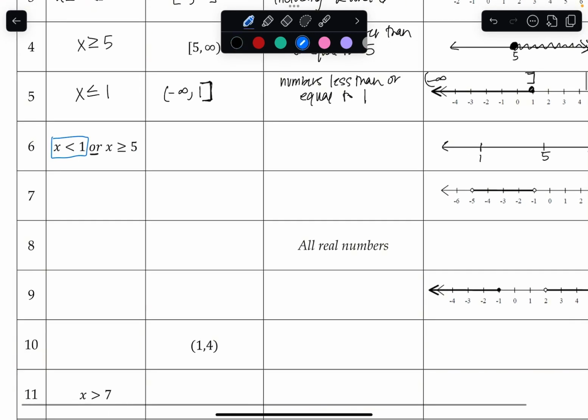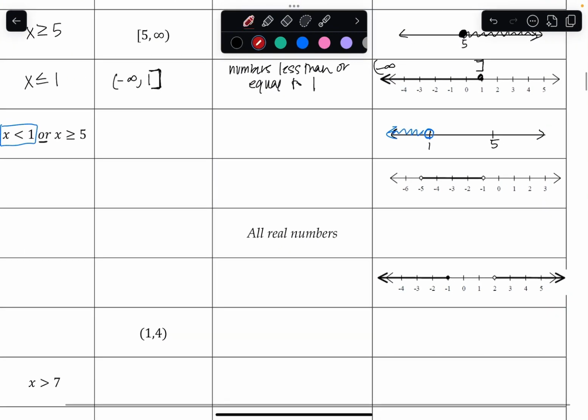So at the 1, it's an open circle. There's no line here. And then it says less than, so that's to the left. And then it says x greater than or equal to 5. So we have a closed circle at the 5, and then we shade to the right.